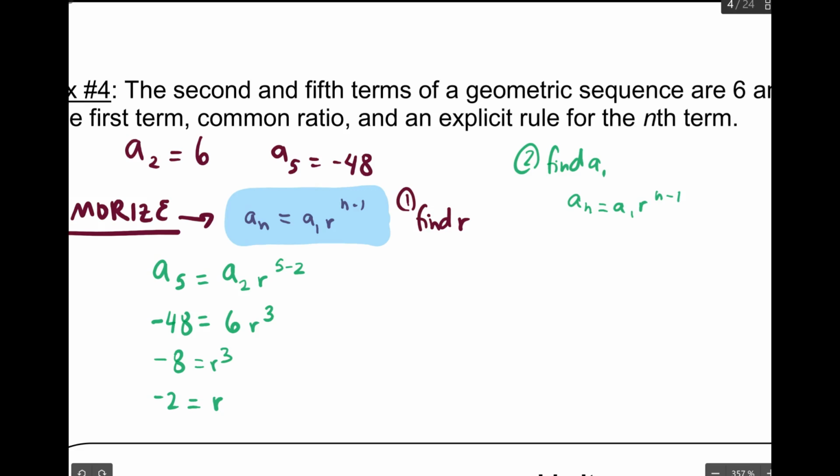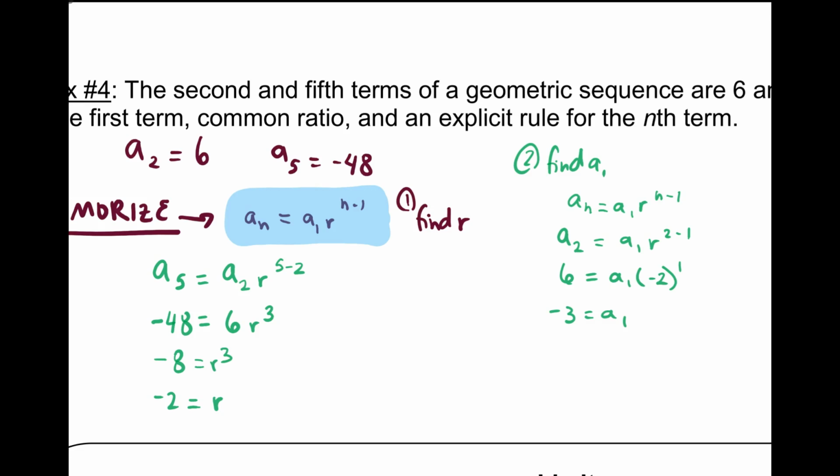Sorry, it should just be 1, because you're finding a1. I know a of 2 is 6, so I might as well use that. A of 2 equals a of 1 times r to the 2 minus 1. So 6 equals a of 1 times negative 2 to the first. Divide by negative 2 on both sides. Negative 3 equals a1.